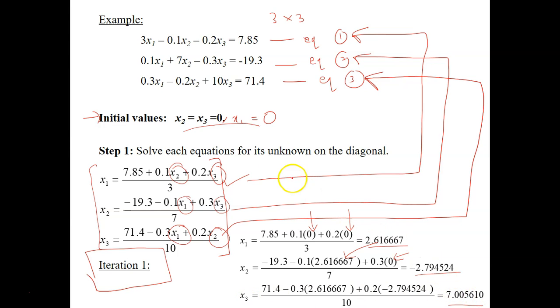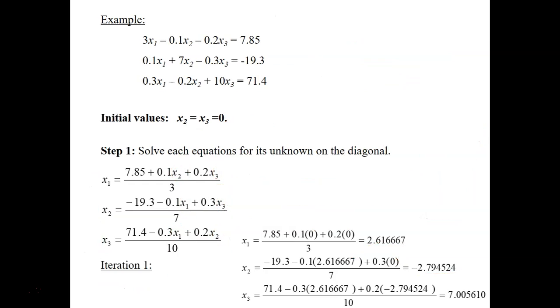Alright, so here you can see that the initial values, you only use for the first and the second equation only. Okay, so you have to keep using the values that you have just calculated. Alright, that is for iteration 1.